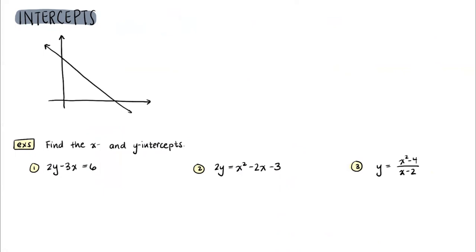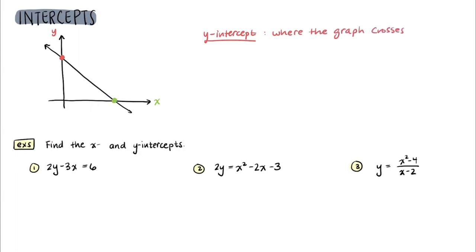So let's label. Here's the y-axis, here's the x-axis, right? Here's the x-intercept, and here's the y-intercept. Okay, so just in words, the y-intercept, of course, is where the graph crosses the y-axis. It's a purely graphical thing.